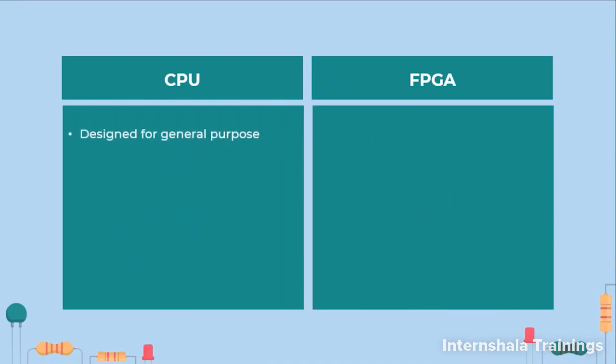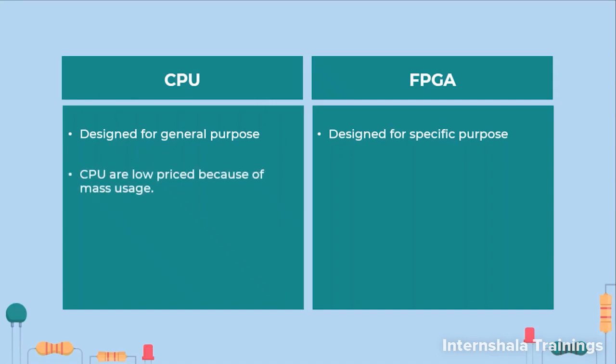In CPU, the design is for the general purpose task, like you have a microprocessor which is controlling your personal computer, right? Whereas in FPGA we design very specific circuits like a license plate recognition system.